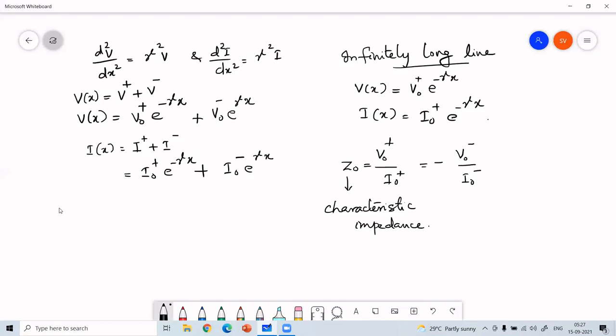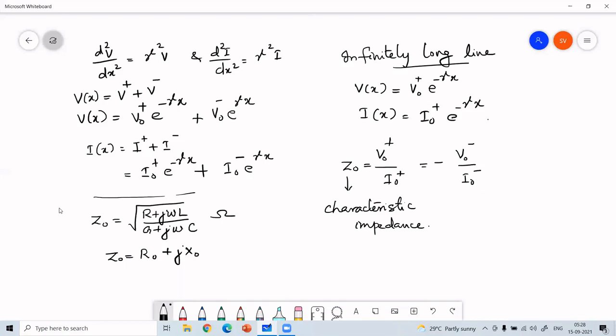So it can be shown that the expression for characteristic impedance Z0 is equal to the root of (R plus j omega L) divided by (G plus j omega C). This can also be written as R0 plus jX0. It can be represented like this also. So this is the expression for characteristic impedance.